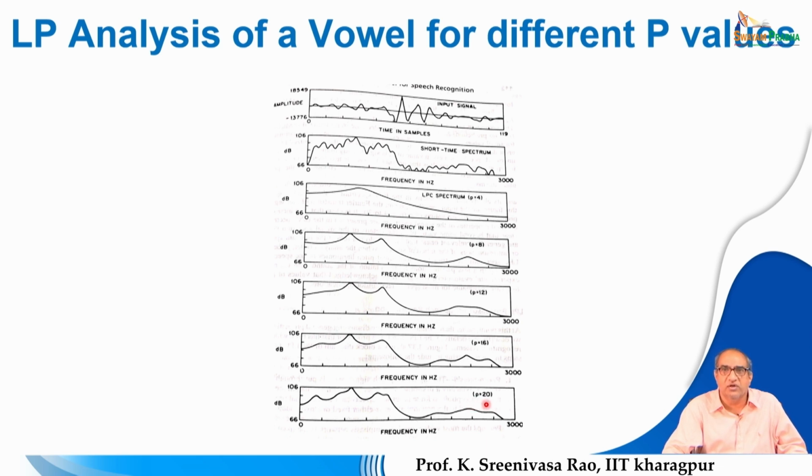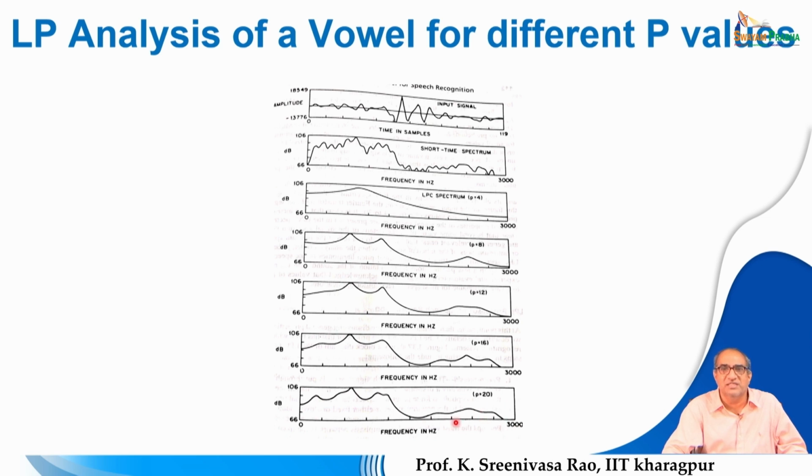If you analyze the roots of this polynomial of order 20, there are many possible complex conjugate pairs. For every complex conjugate pair you have a pole and a corresponding formant frequency. So with p equals to 20, you have a maximum possibility of 10 complex conjugate pairs, and all these 10 will show their presence in the spectral envelope.